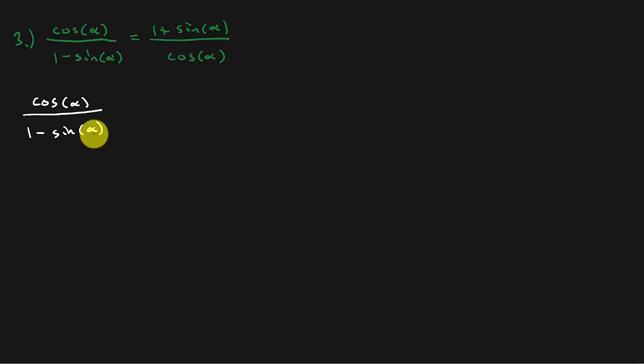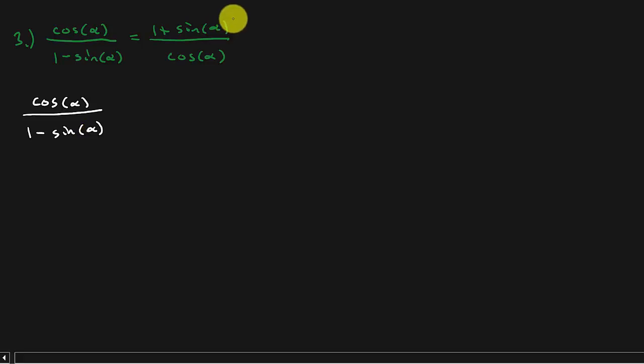All right, so what I notice on the right-hand side over here is I have a 1 plus sine alpha up in the numerator. So I think what I'm going to do is multiply numerator and denominator by 1 plus sine alpha. There's nothing wrong with multiplying numerator and denominator by this, because remember, we're multiplying by 1. And if you multiply anything by 1, you get the same thing back.